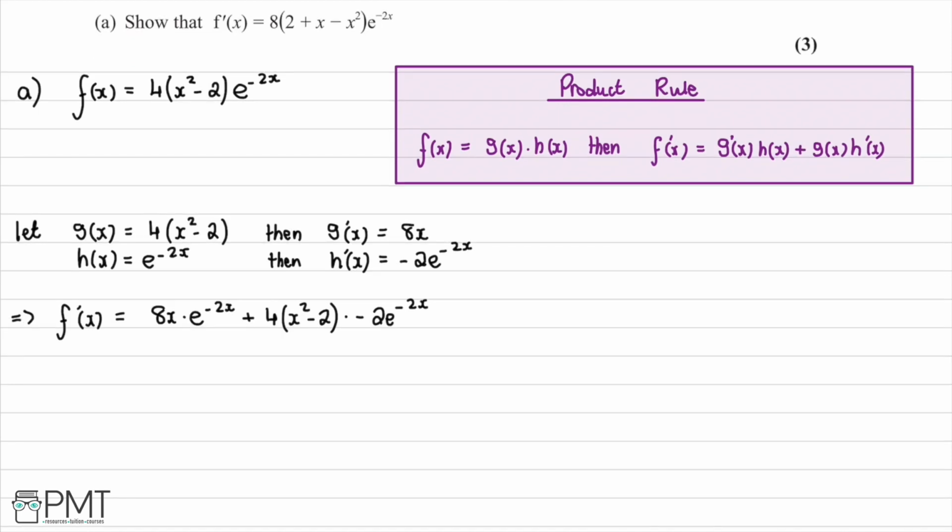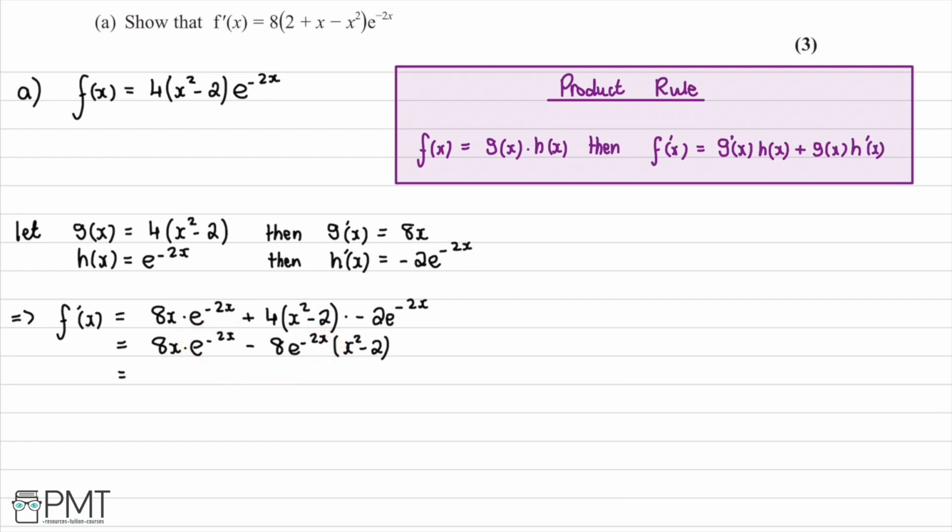Simplifying this ever so slightly, we can keep the part on the left the same, and this is going to turn into negative 8 because we have 4 multiplied by negative 2, and then we have our e to the negative 2x, and our brackets stay there, x squared minus 2. What we can now do is take out a common factor of 8, and a common factor of e to the power of negative 2x.